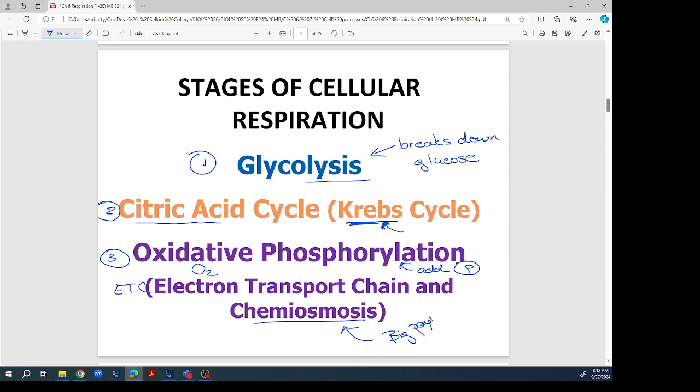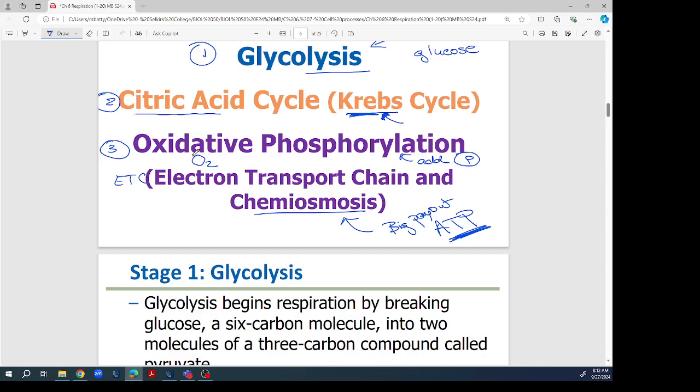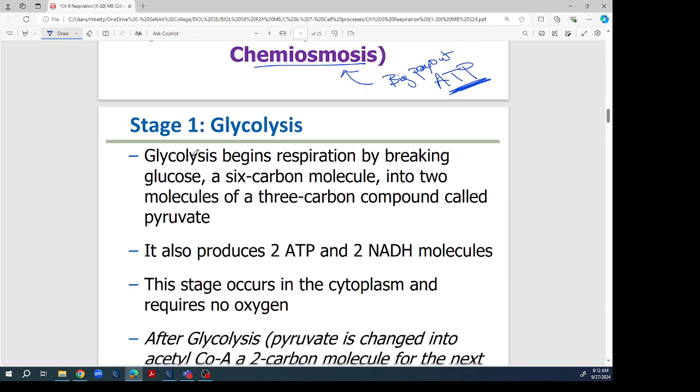It's the big payout that makes a whole lot of ATP. And so we have to get to that process of chemiosmosis at the very end of the third stage in order to actually do what we're trying to do when we talk about cellular respiration. So this video has the introduction, and I'm also going to summarize glycolysis, and then I'll break it up into the other two processes, just to kind of divide things a little bit.